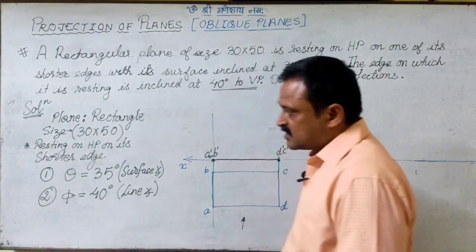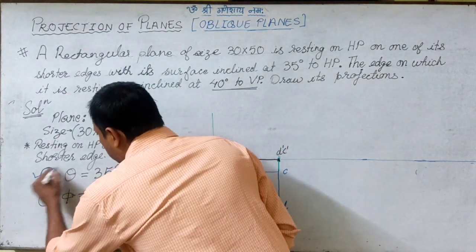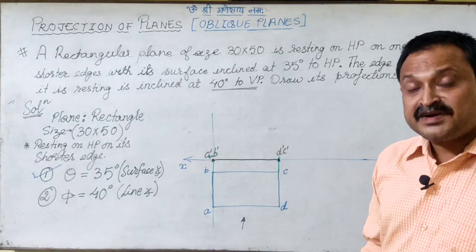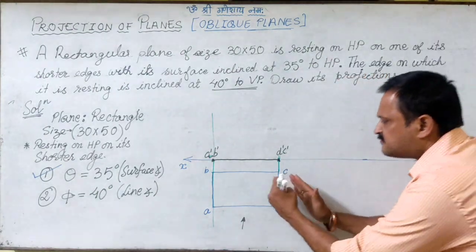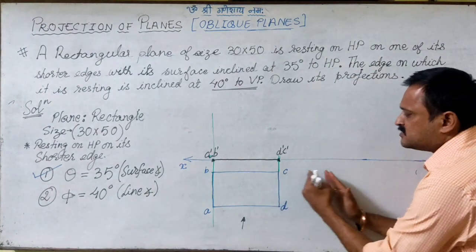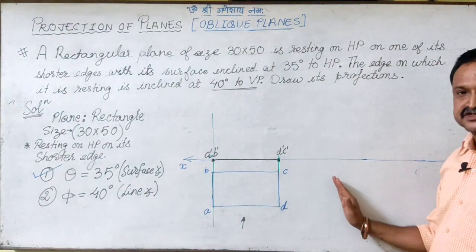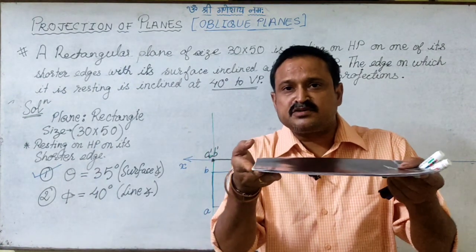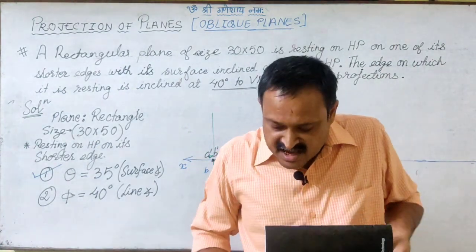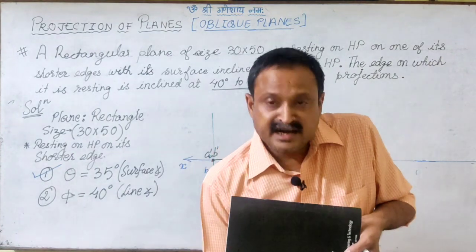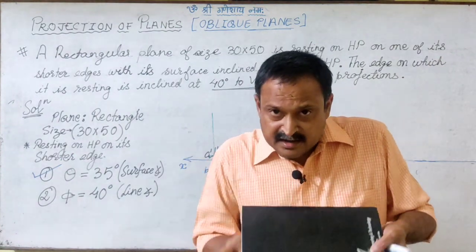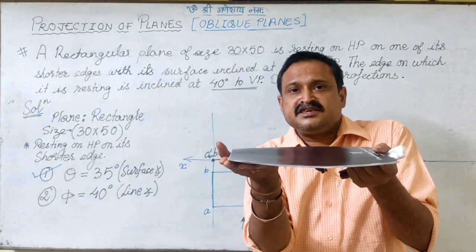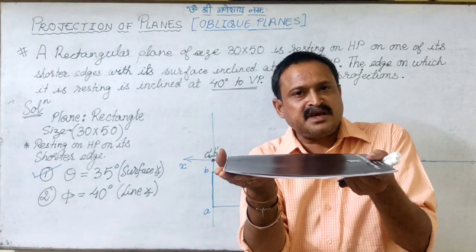Now we will include in our drawing the first condition, in the second step. Where should we draw the second step? Definitely at a comfortable distance away from the first step. Right now the plate is resting on all four corners A, B, C and D on HP.